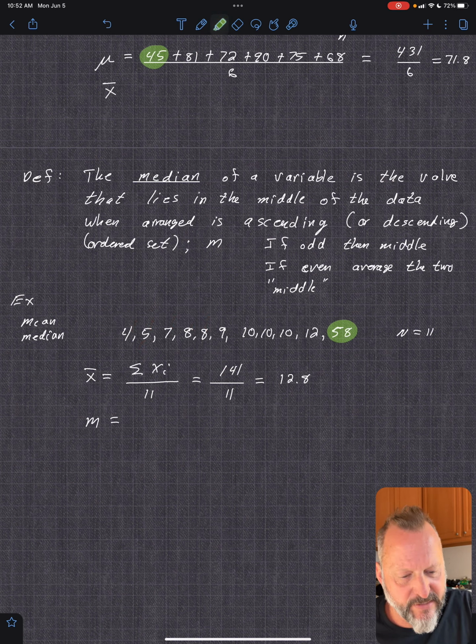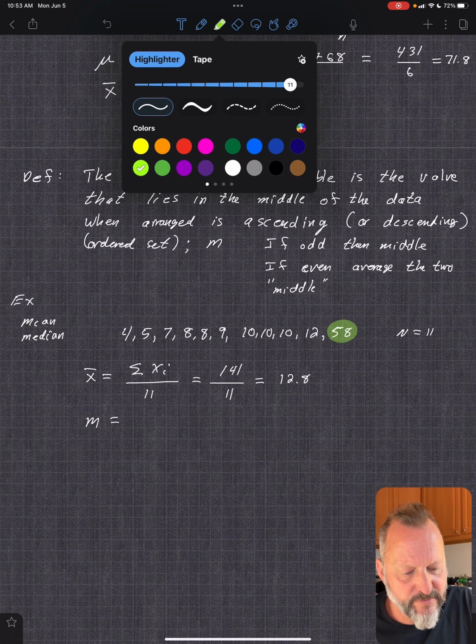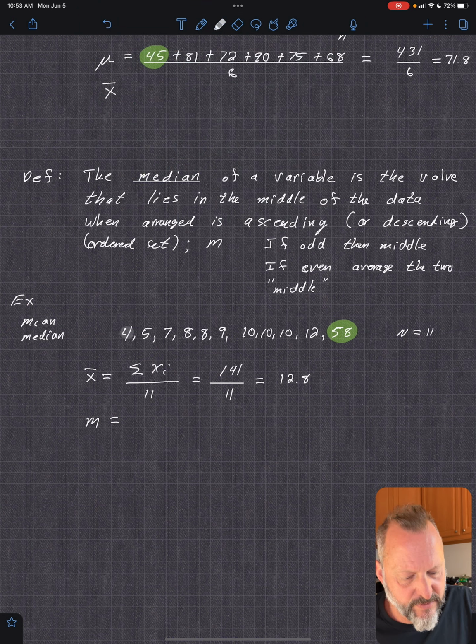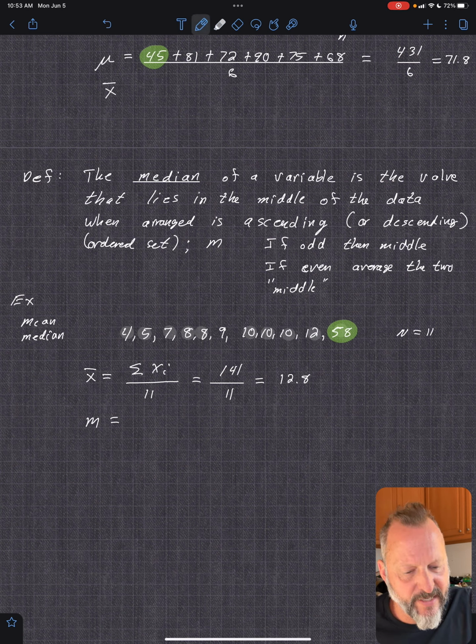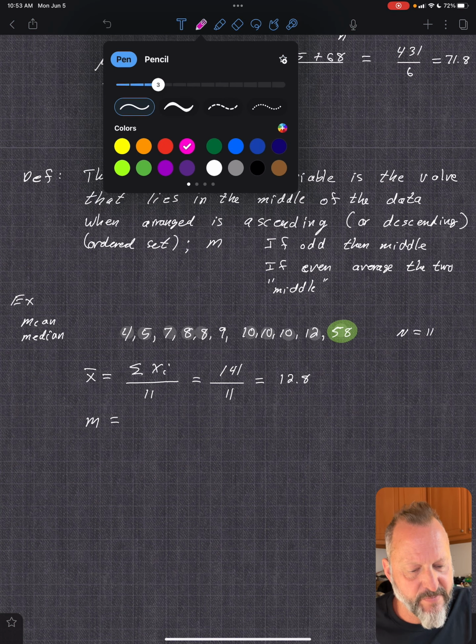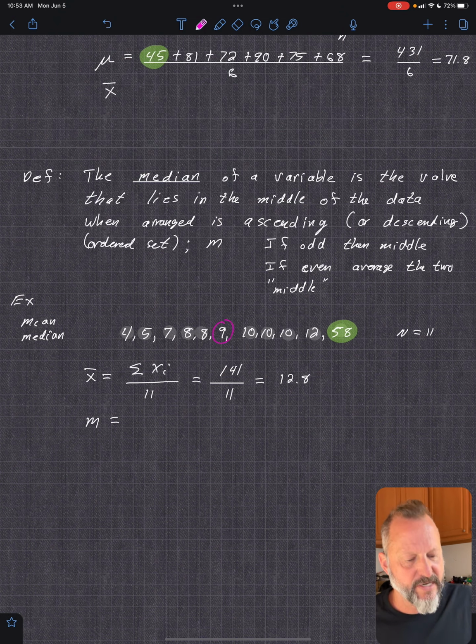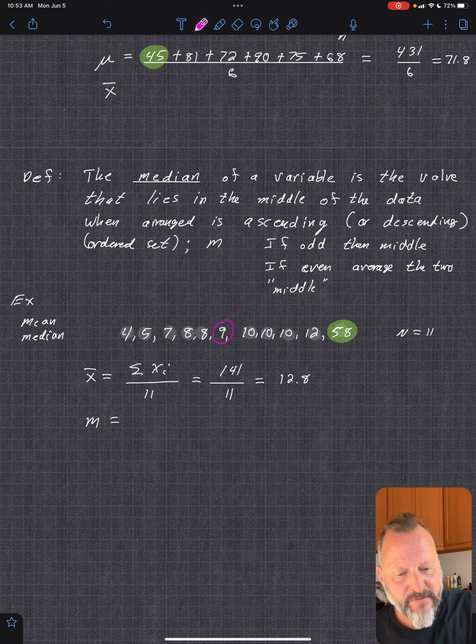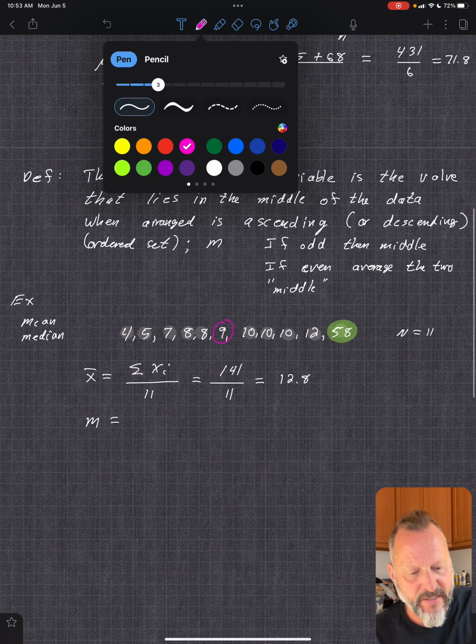So I could do it like this, because I have cool highlighters. So 1, 2, 3, 4, 5. 1, 2, 3, 4, 5. And so we can see that the middle is 9. So the median really is like the middle. It's the middle data point.